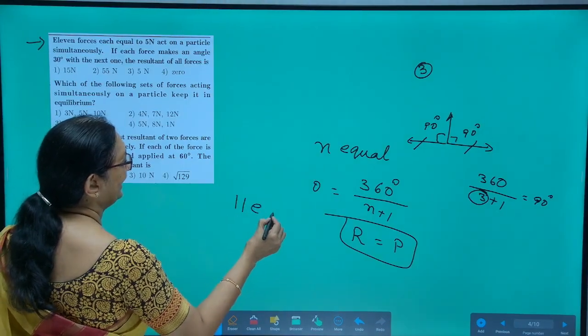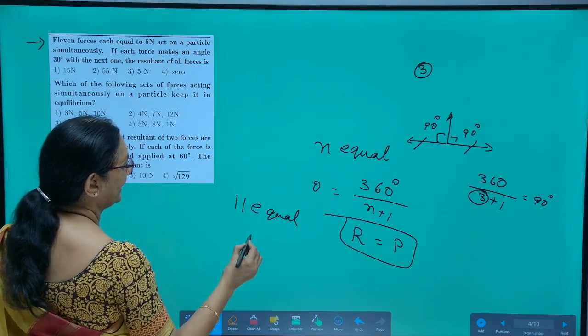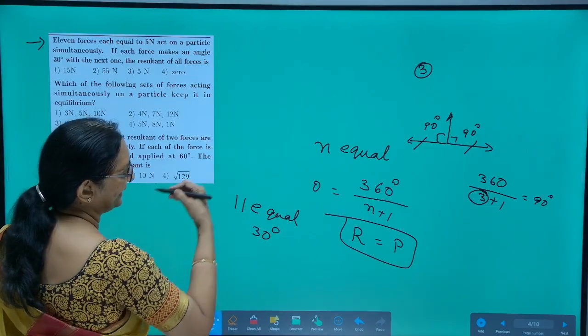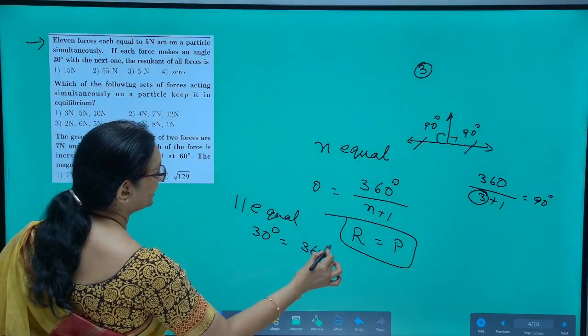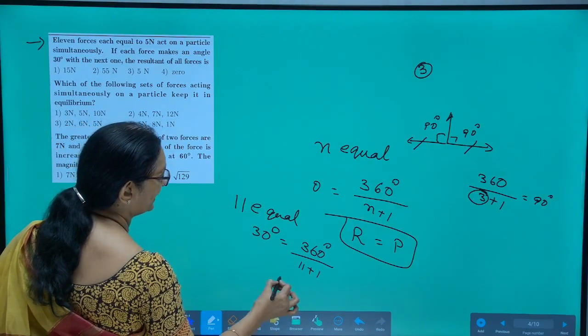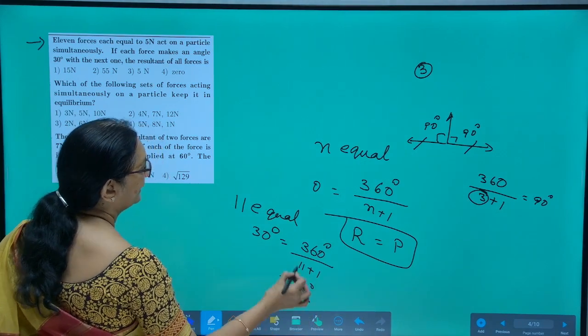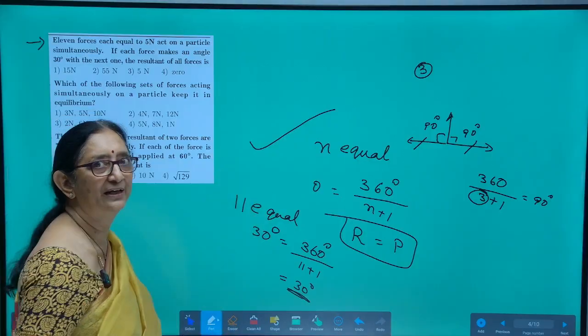11 equal vectors are at an angle of 30 degrees with the next, and so on. So, this 30 degrees is 360 degrees by 11 plus 1, that is 12, which gives 30. So, exactly this condition is satisfied.